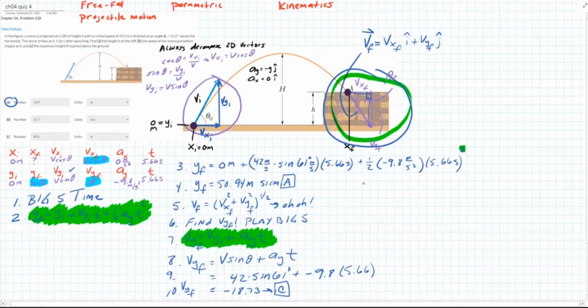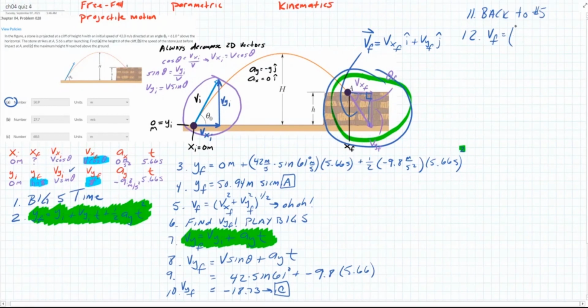So step 11. I'll go up here, all the way up here. Step 11, back to number 5. Here's number 5. Number 5 said your speed, V final, equals Vx initial. Vx initial was, did I write that down?